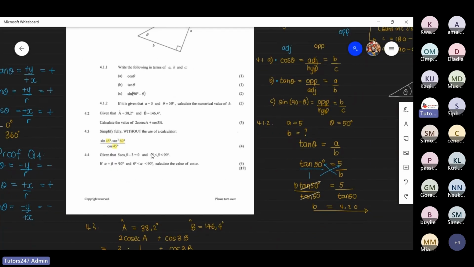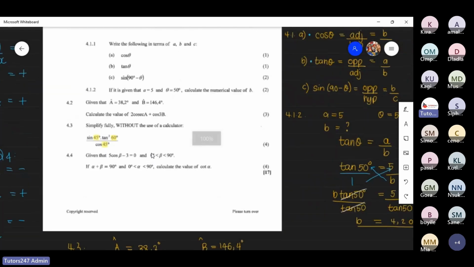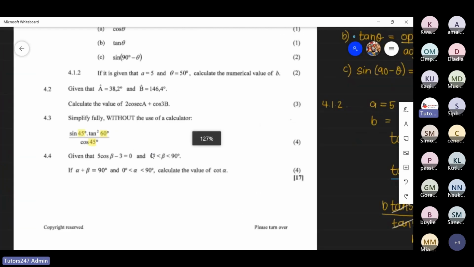So with question 4.4, we are given that 5 cos beta minus 3 equals 0 and beta is within 0 to 90. If alpha plus beta is equal to 90 degrees and alpha is from 0 to 90, calculate the value of cot alpha.